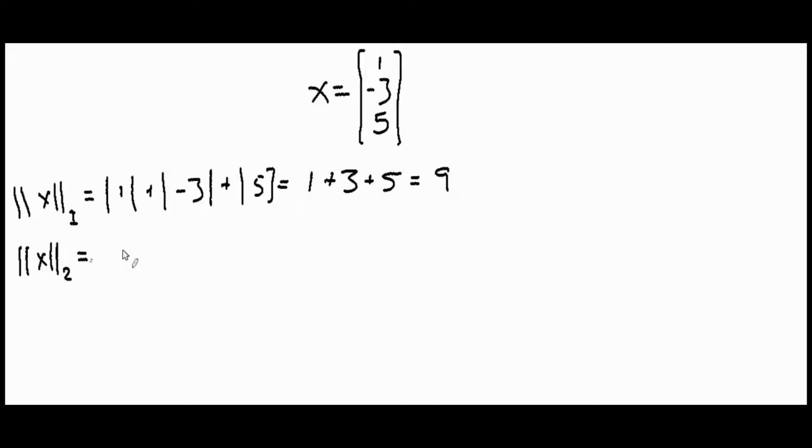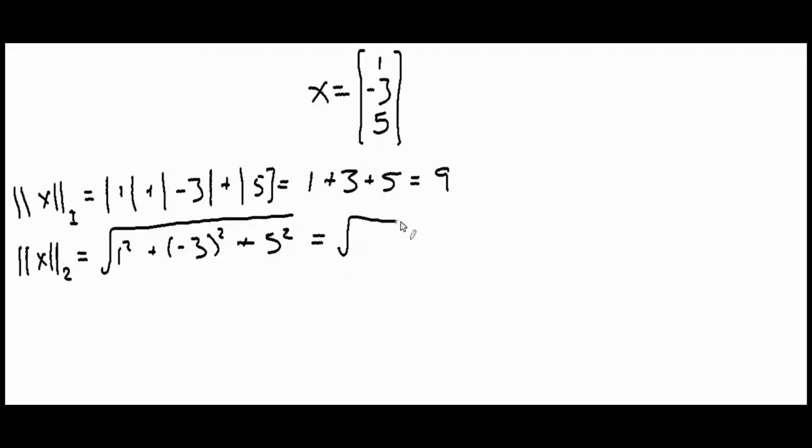So let's do the sum of the squares. 1 squared plus -3 squared plus 5 squared, and then we do the square root of that, and that turns out to be the square root of 35. That's the L2 norm of x.